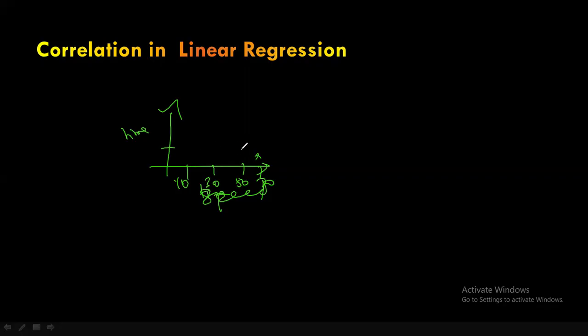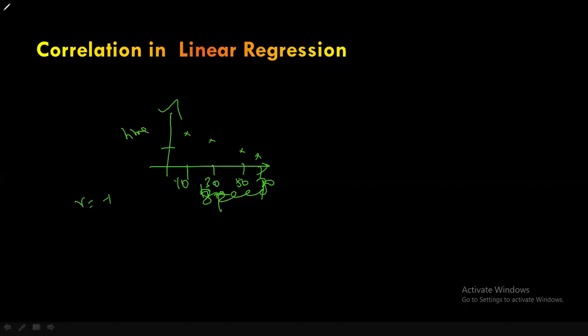The lesser the speed you go, the more time it takes to reach your destination. So if you go at maximum speed, the travel time becomes very less. This is a perfect negative correlation, equal to -1.